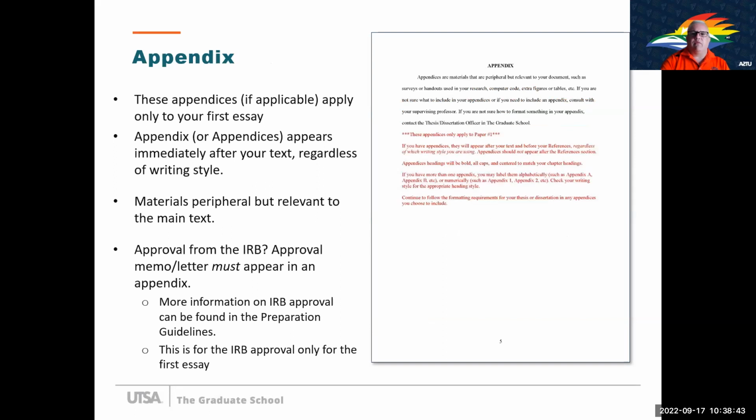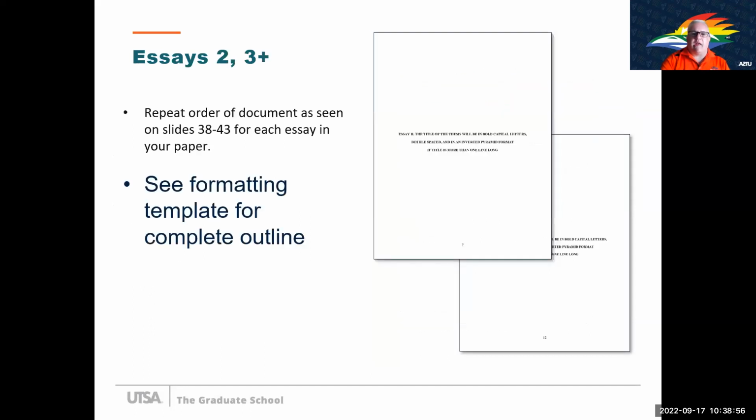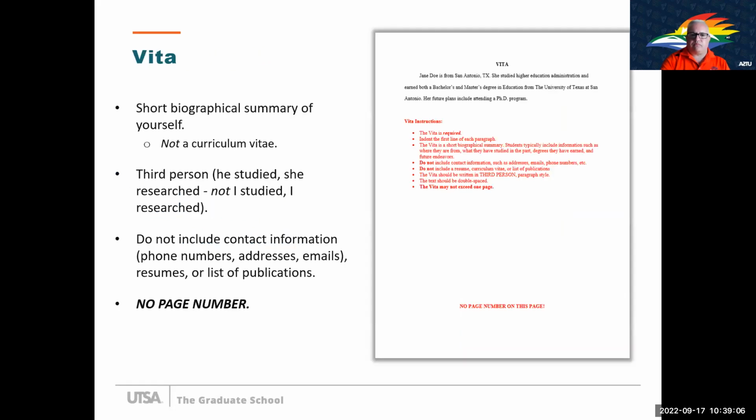And then you have your appendices if you have appendices, and then you always include your references at the end of each essay. Then once the first essay is done, we go into essay 2 and essay 3 or 4 or 5, which are formatted exactly the same as essay 1.